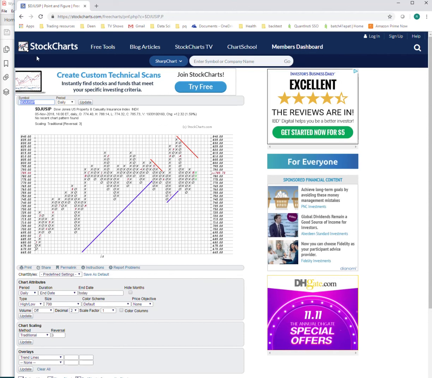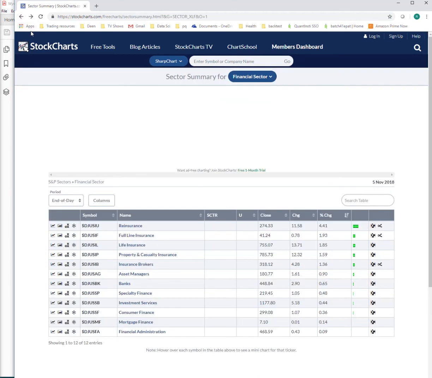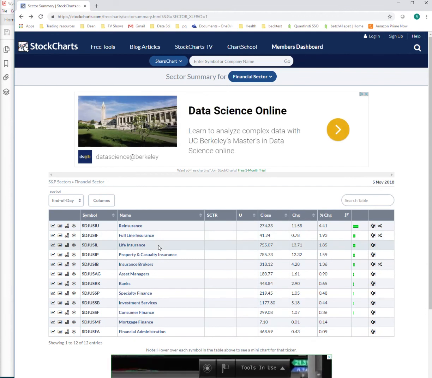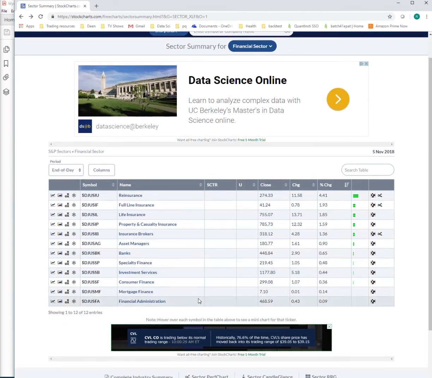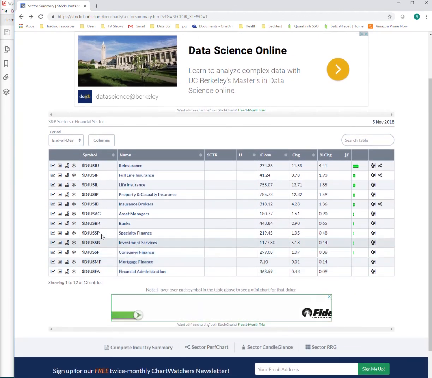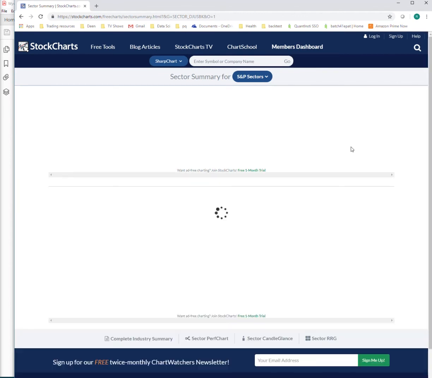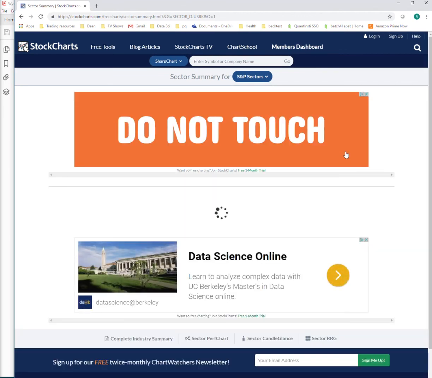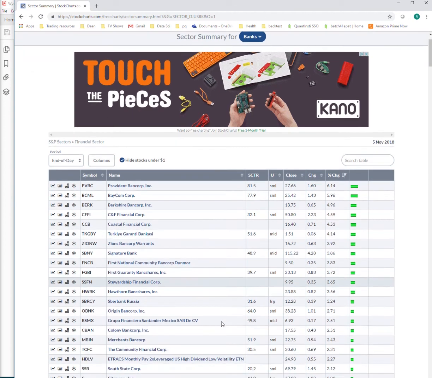Anyway, it looks like they have the groups, and they have the PNF chart of the group, so it's not bad. You know, see what the banks are doing. What the hell is this?